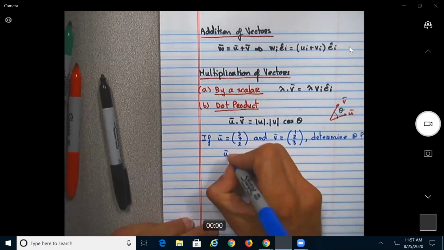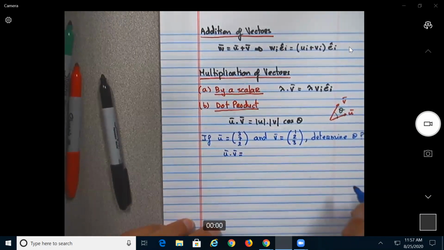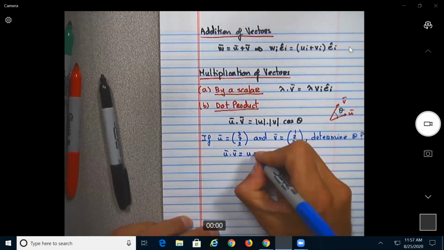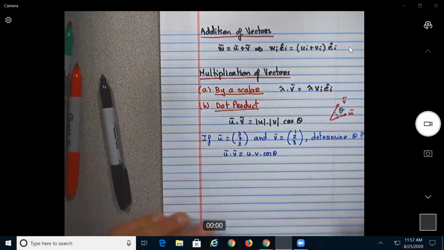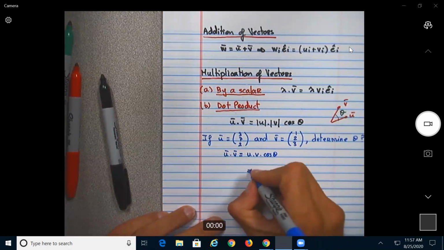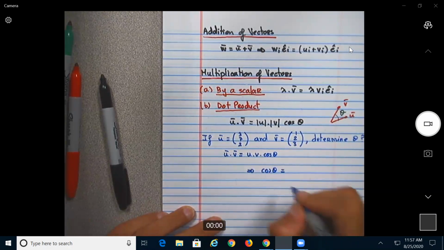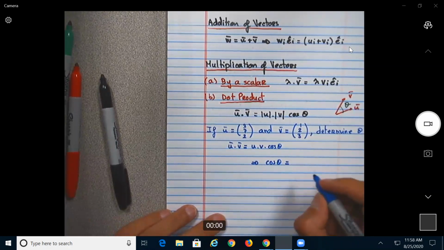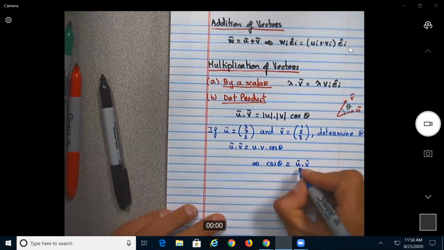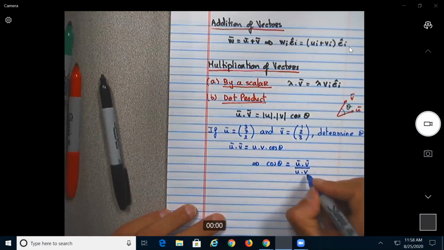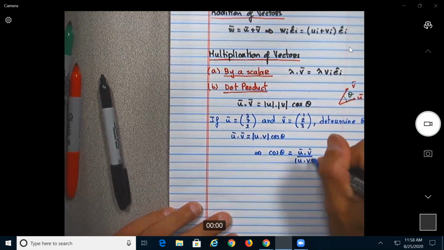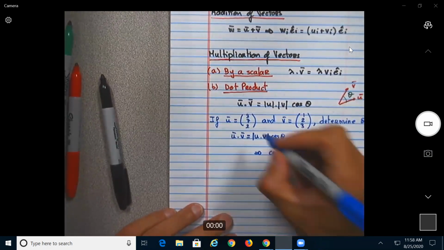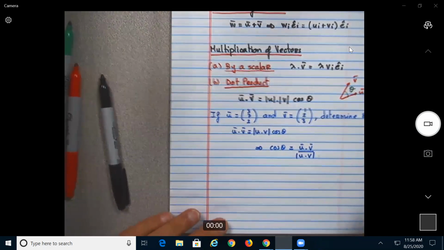We have U dot V equal to |U||V| cosine theta. So this will mean cosine theta equal to the dot product, U dot V, divided by the product of the magnitudes, correct? Maybe it will be easier to comprehend that way.